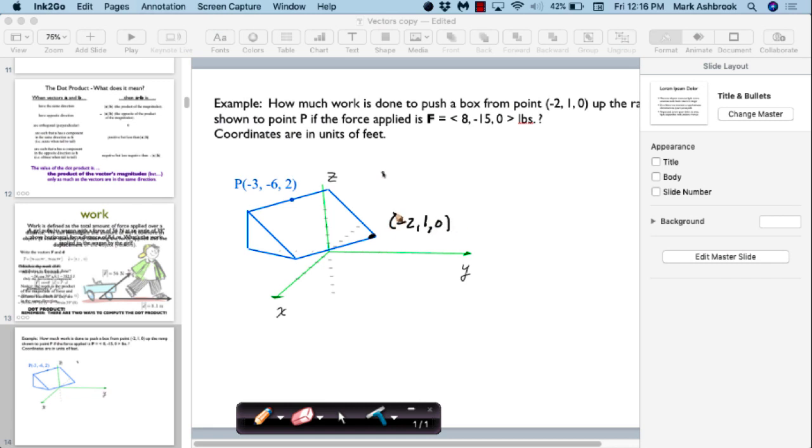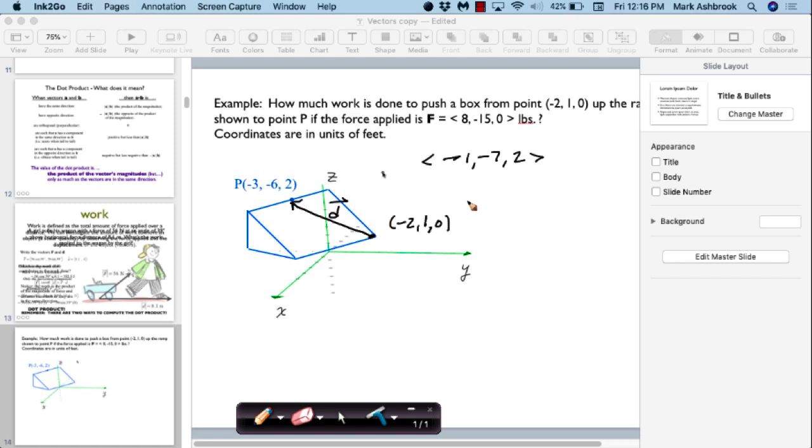And so what did you find it to be? -1, -7, 2. And what is that called, from that point to P? The distance? Not the distance. It's not the displacement. Oh yeah, because it's a vector, right? Yeah, so that's the displacement vector.